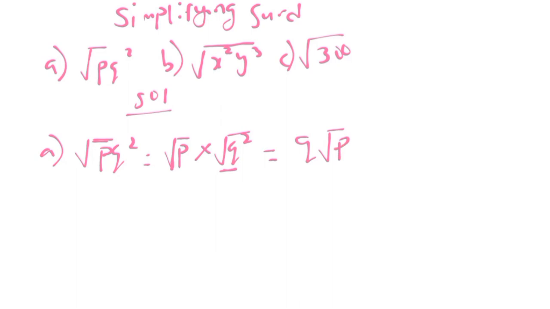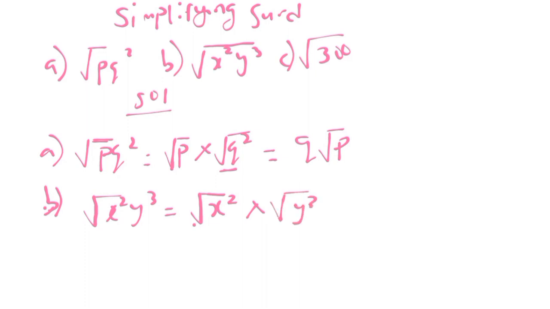Then the other one, which is x squared times y to the power of 3. I'll simplify it separately. I will have the square root of x squared times the square root of y raised to the power of 3.